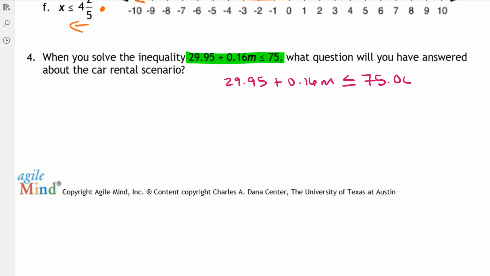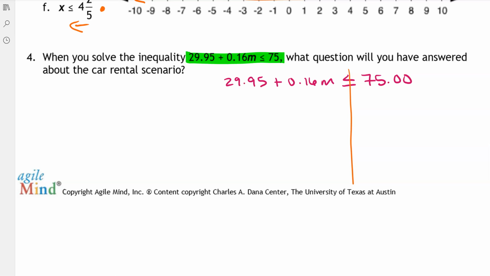And I like to put the zeros because we're using money and pennies matter. So we're going to do our balance line through the inequality, and I'm just going to do the math. Make sure that you pause the video, do the math, and then come back to make sure that we have the same answer.